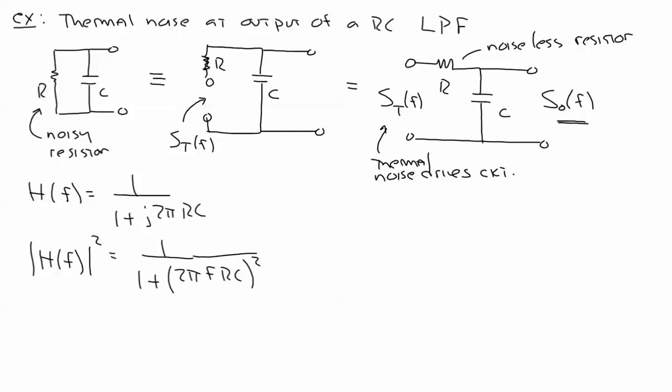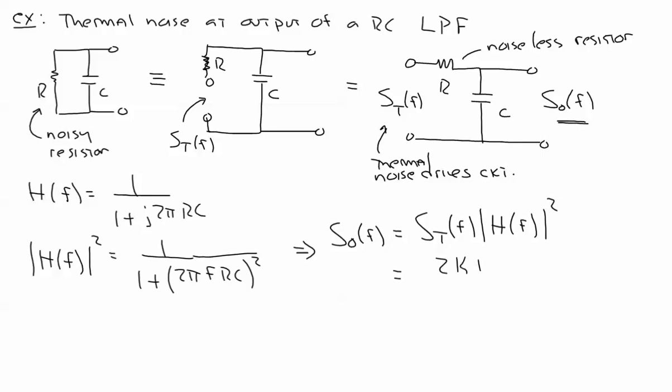All right, and so my output power spectral density is just 2kT over 1 plus (2πfRC) quantity squared. Okay? Let's go to the next page.